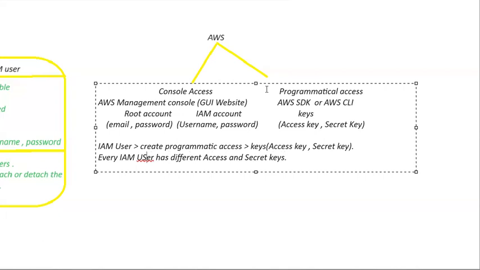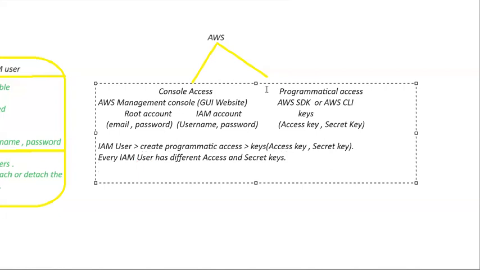So to identify the particular user, while creating itself, AWS will provide a different access key and secret key to every user. Is it recommended to share one user's keys with another user? No, it is not recommended.